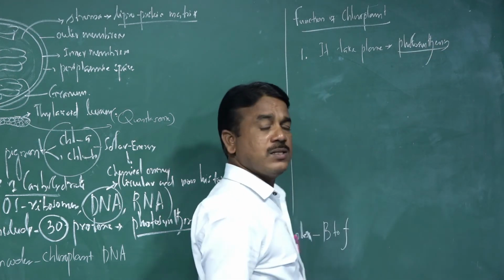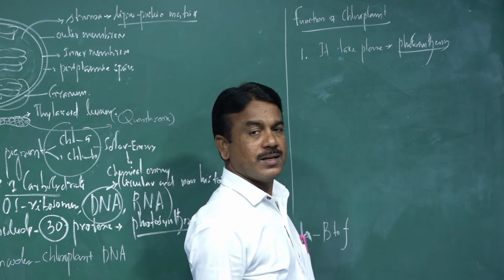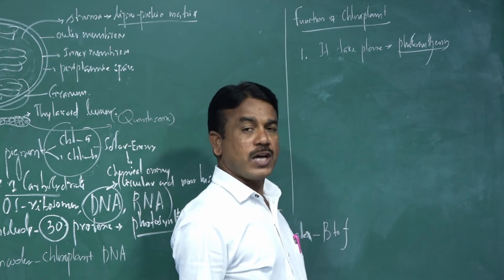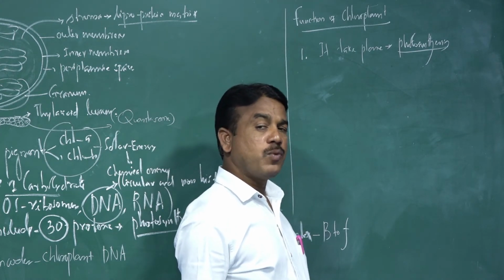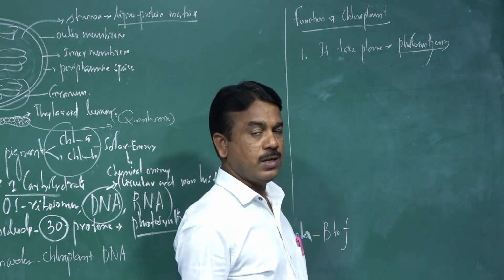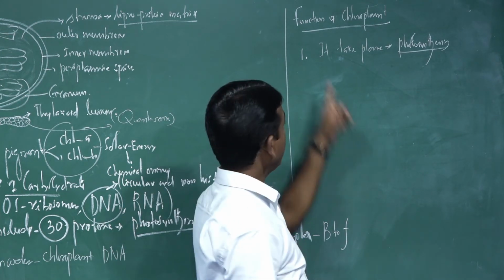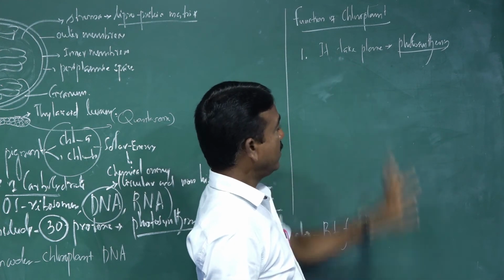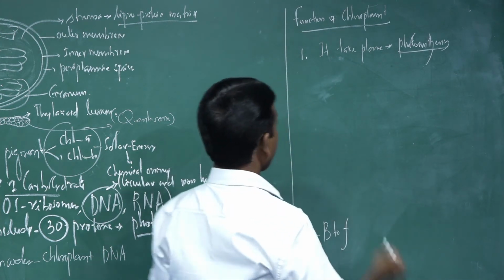What is photosynthesis? Photo is light, synthesis is prepare. With the help of light, manufacturing food material is called photosynthesis. The organelle in which it is carried out is the chloroplast.